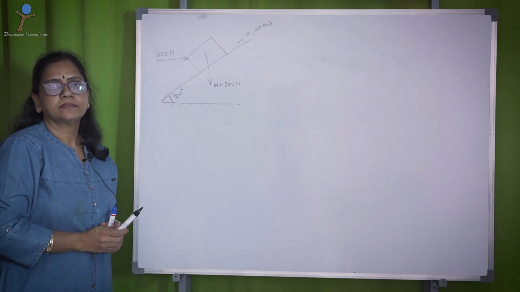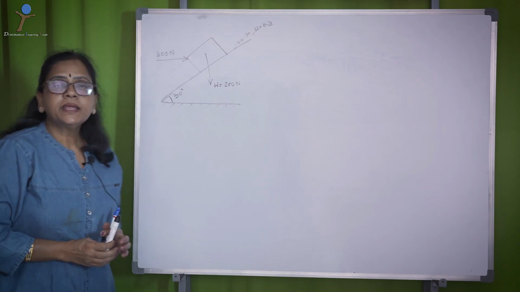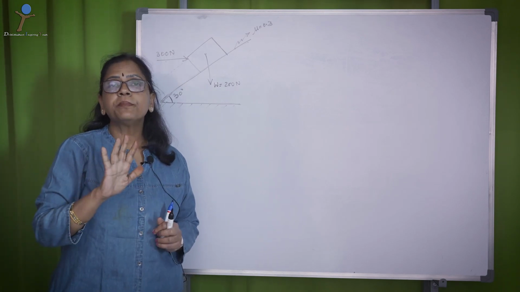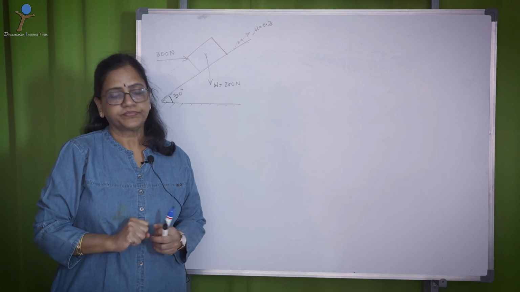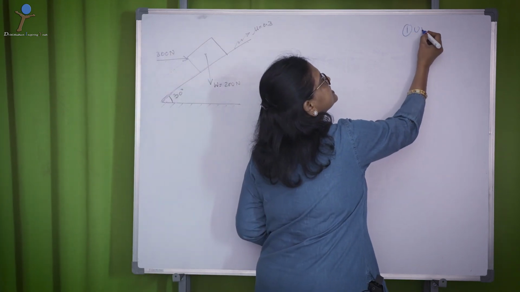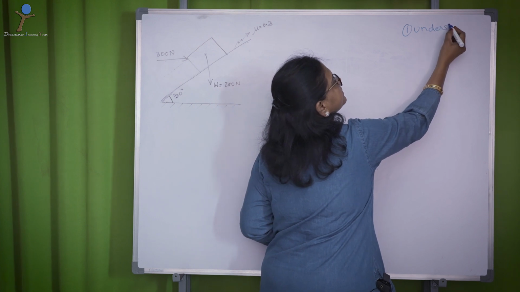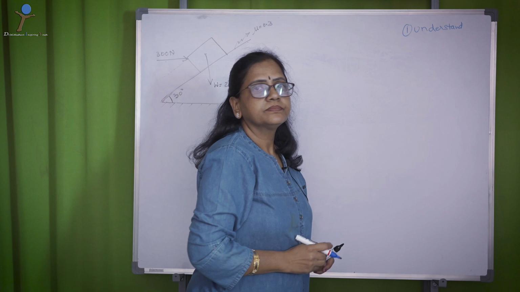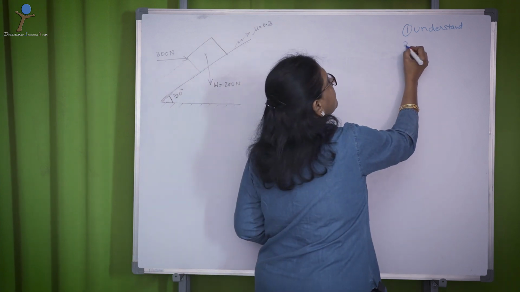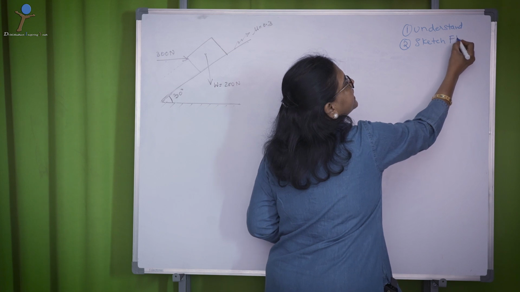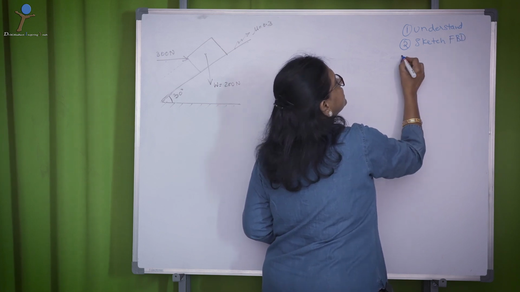inclined surface. For any problem in engineering mechanics, there are 5 major steps to be followed. Step 1 is understand the problem. 2. Sketch the free body diagram. 3.